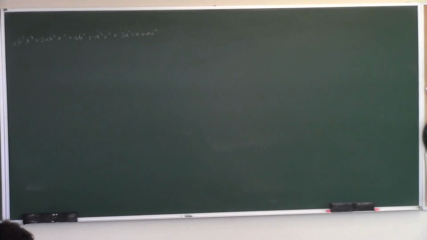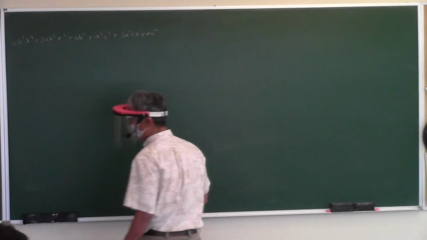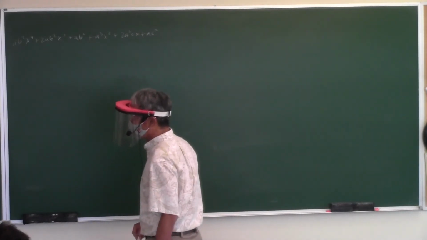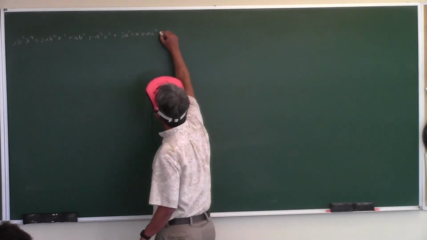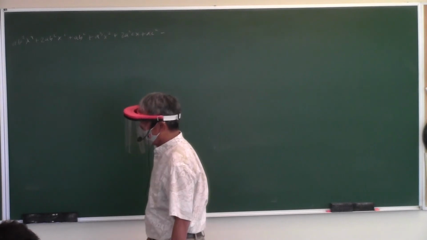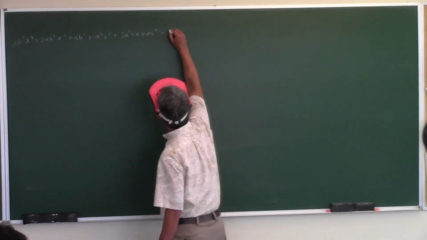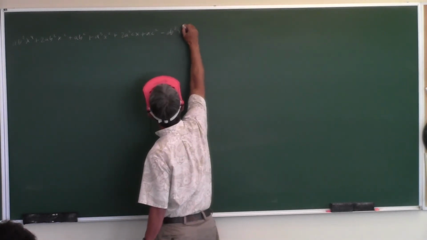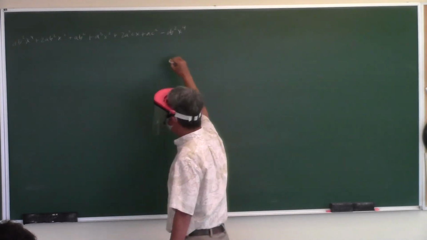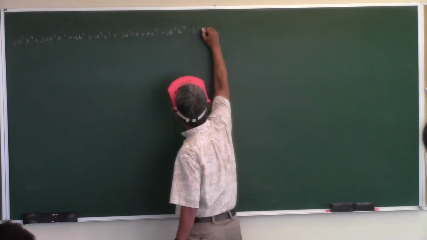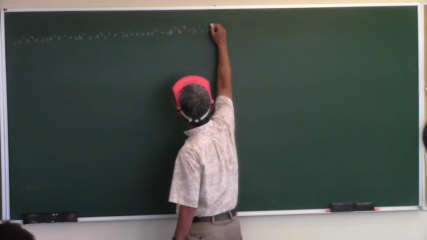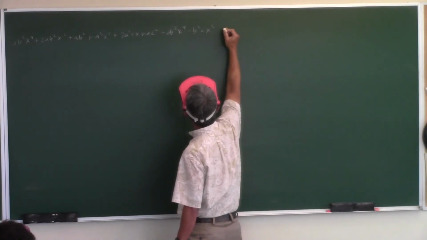ax cubed plus cx squared plus ax plus c, and then you gotta distribute the negative b squared x. So what are you gonna get? Come on, you guys gotta do this. Minus a b squared x to the 4 minus b squared cx squared. Yep.